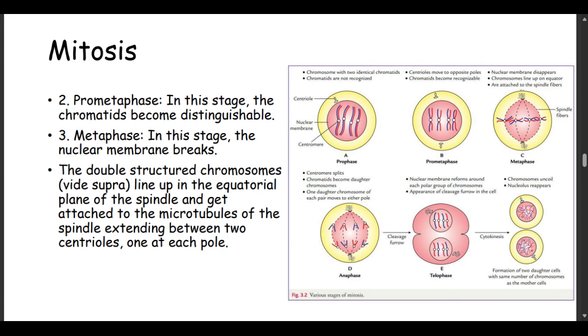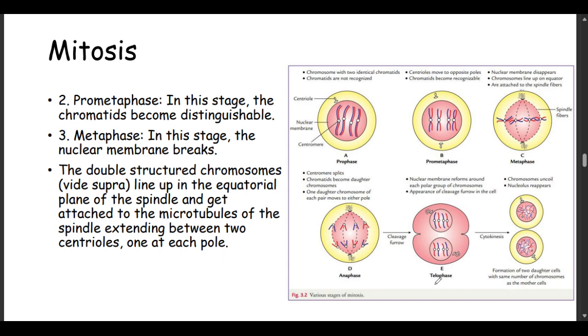In prophase, you have condensing of the nuclear material or the DNA, and then in prometaphase they become visible, and the centromeres are going to move to the opposite poles so that in metaphase they can form the mitotic spindle. After forming the mitotic spindle in metaphase and it attaches to the centromeres, in anaphase they're going to be moving to the opposite poles, as we can see there.